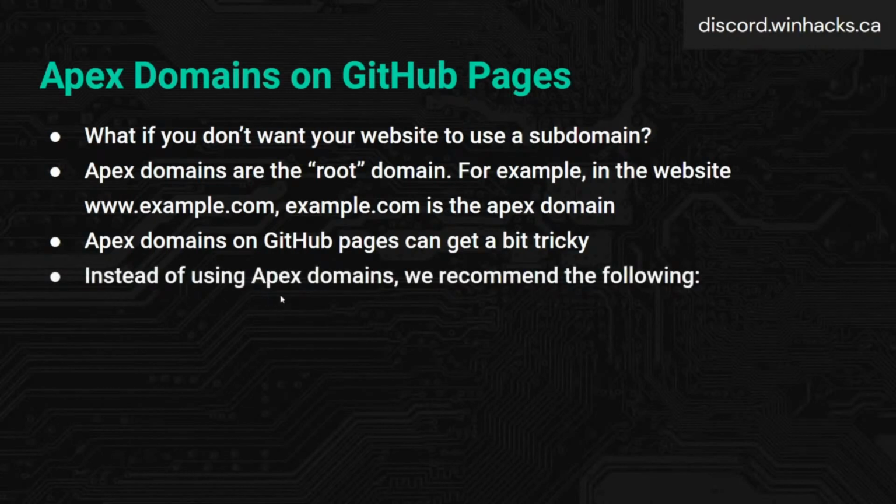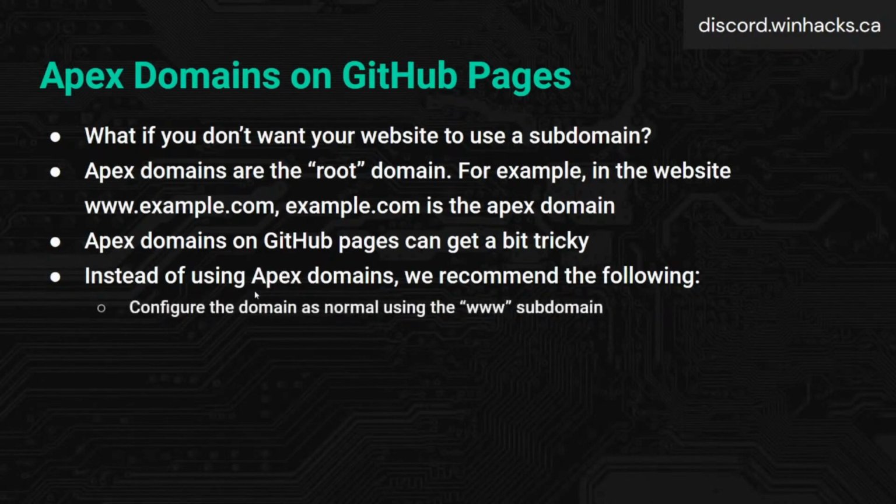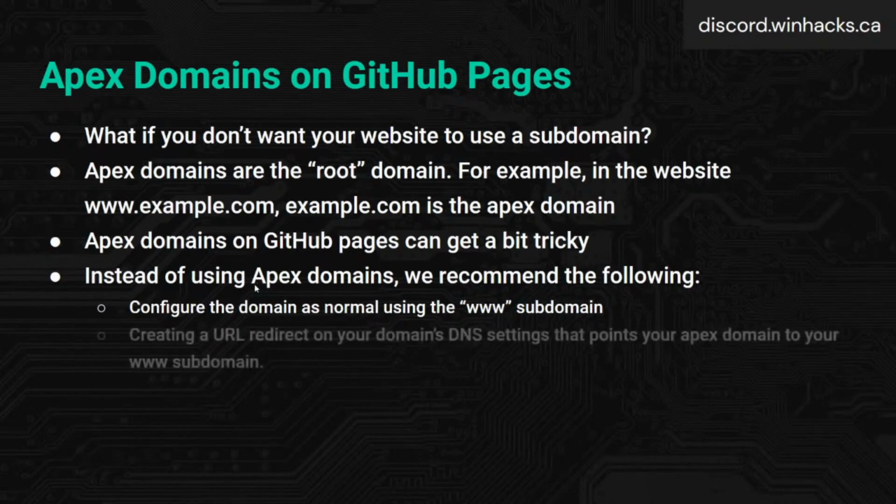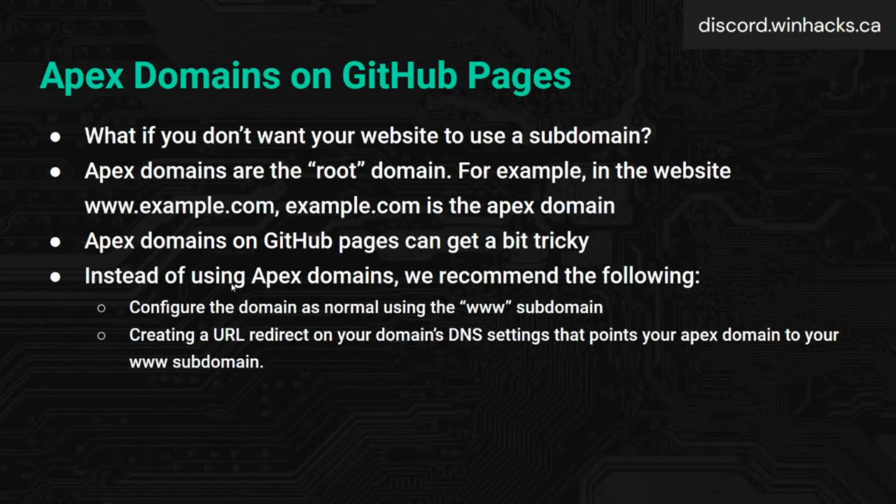Instead of using Apex domains, you can learn about them. You'll have to make a bunch of A records and stuff, but if you're going to do this, we recommend doing the following. Configure the domain like we said before using a www subdomain. Then create a URL redirect in your DNS settings that points your Apex domain, your main domain, so in this case example.com, to your www subdomain.